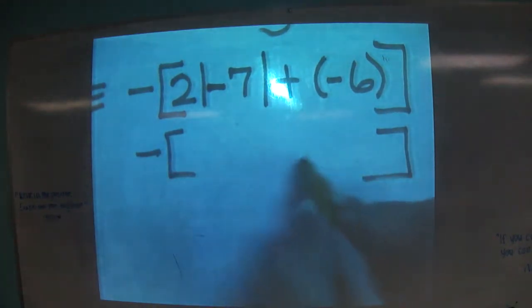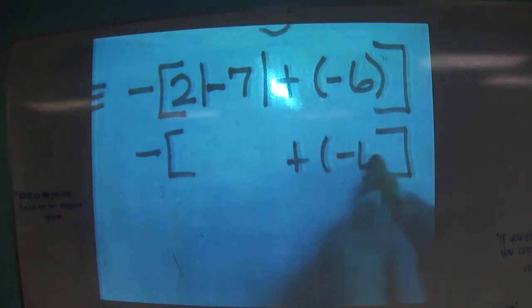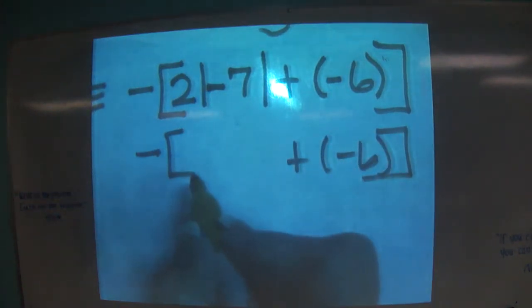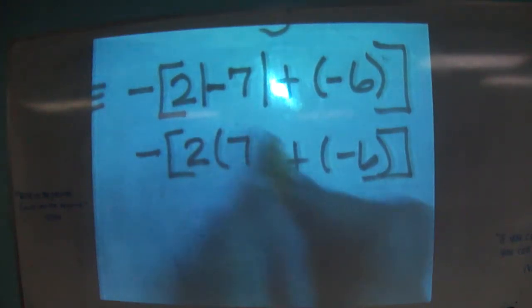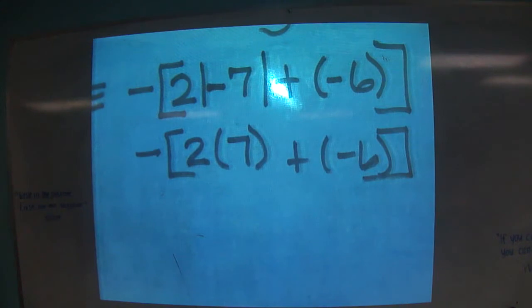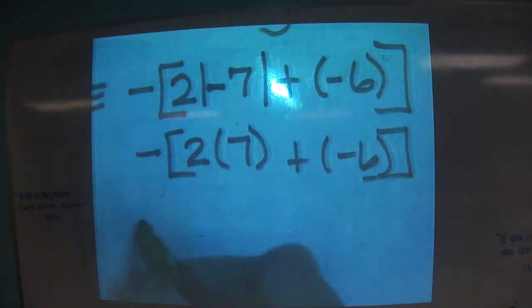You're going to do your absolute value first. What's the absolute value of negative 7? 7. So change the absolute value sign to parentheses, because parentheses tells you to do what operation? Multiplication. Perfect.